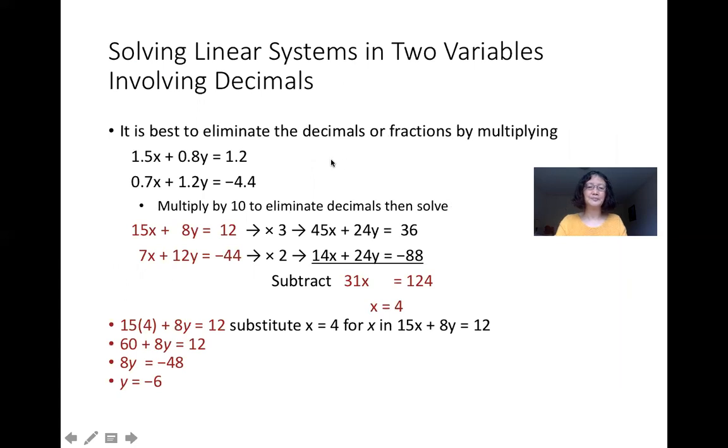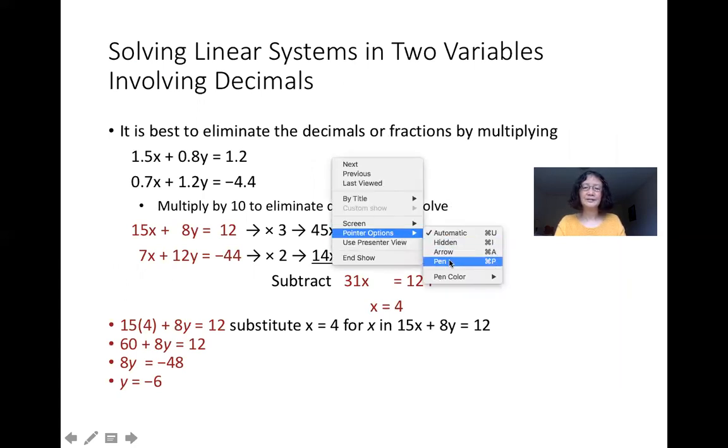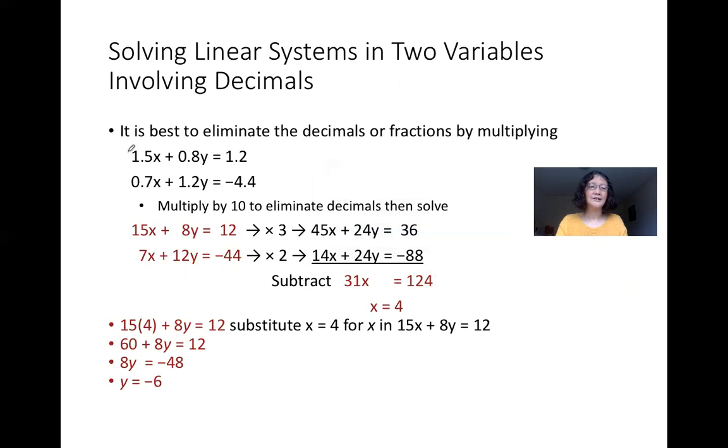For example, this is a system of equations with 2 variables, x and y, but the coefficients are in decimal format. We call these equation 1 and equation 2.